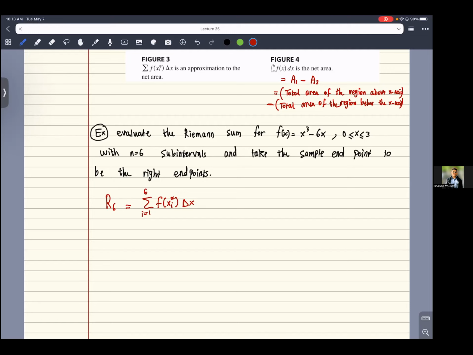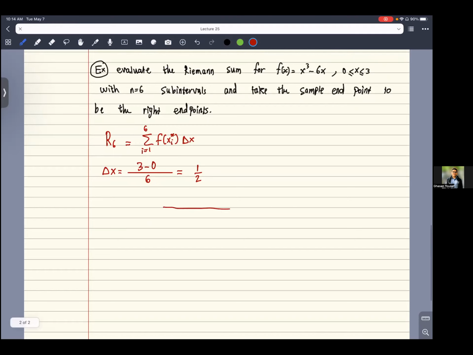So what is delta x here? 1/2. How do you find it? 3 minus 0 over 6. Exactly, 3 minus 0 over 6 is the same as 3 over 6, which is 1/2. So delta x is the width, and the width is the same for all subintervals. It's 1/2. So I'm going to graph a line.